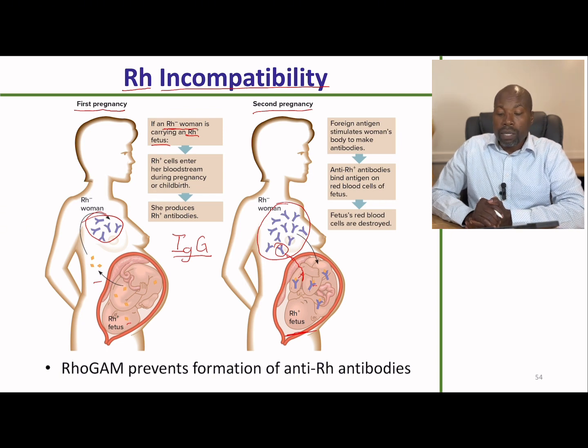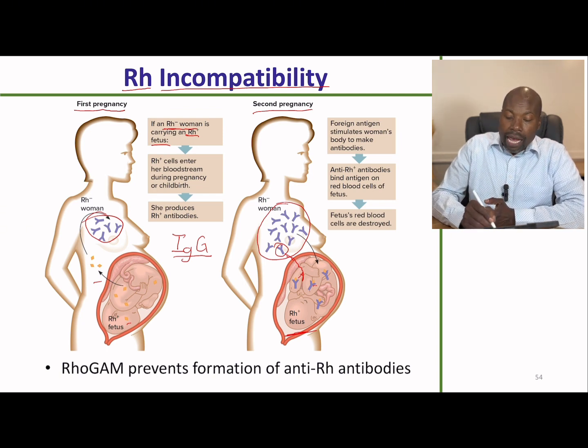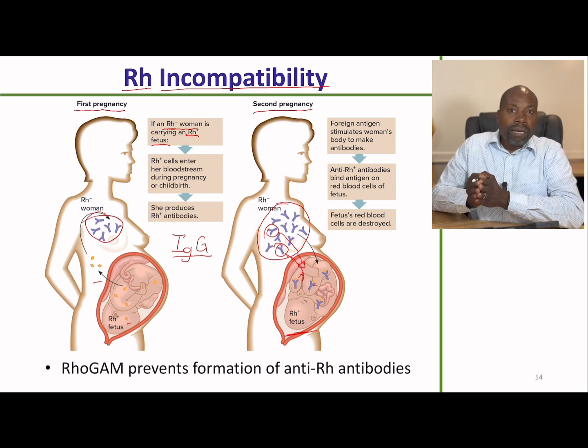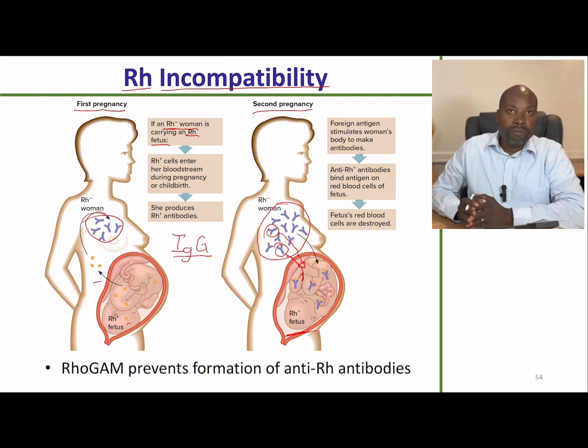Sometimes, while the IgGs are crossing the placenta barrier and targeting the red blood cells of the fetus, the number of red blood cells that die may not be enough to prevent the full development of the fetus.